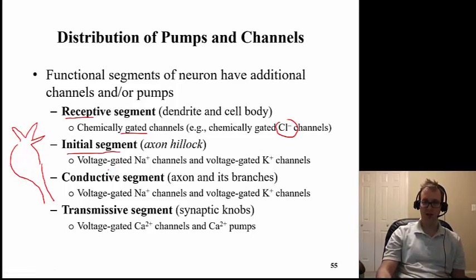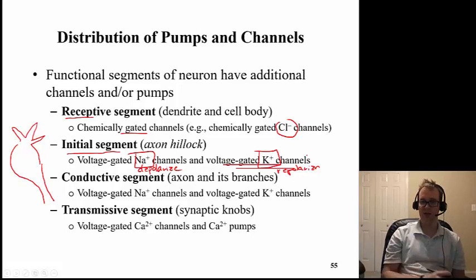In the initial segment there are a lot of voltage-gated sodium channels and voltage-gated potassium channels, and these are necessary to help depolarize and repolarize the cell, particularly the axon, since the axon is going to send the impulse down the axon.